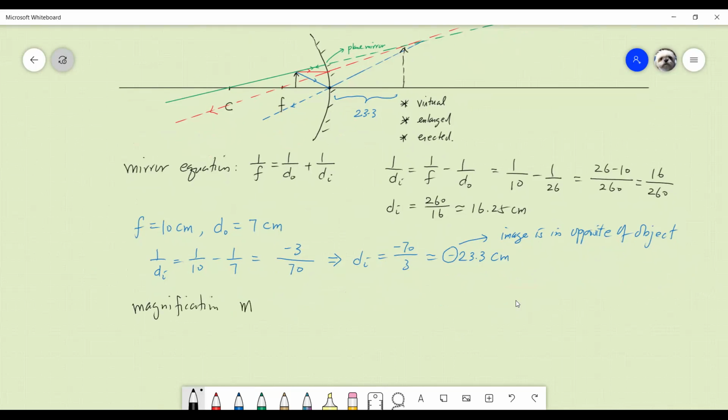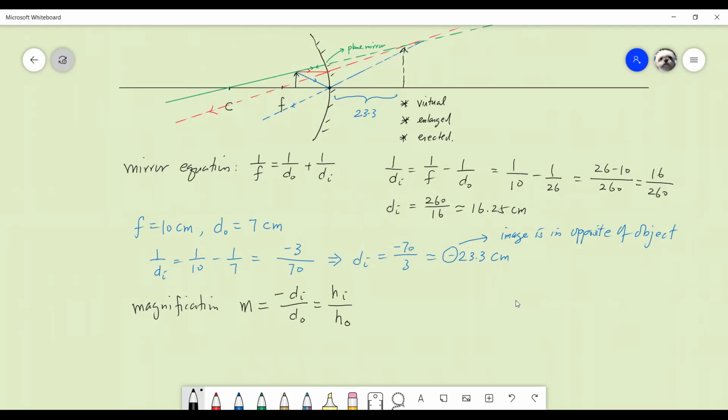We use a simple M. Magnification is equal to negative image distance divided by object distance, or you can write the image size divided by the object size, the height, I should say.